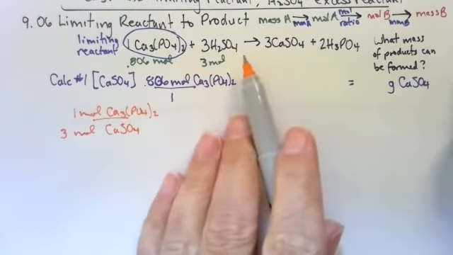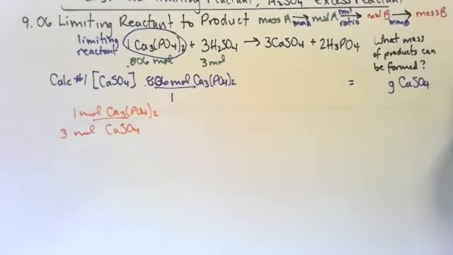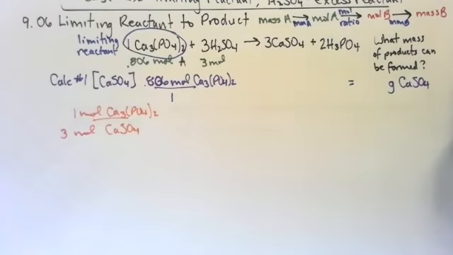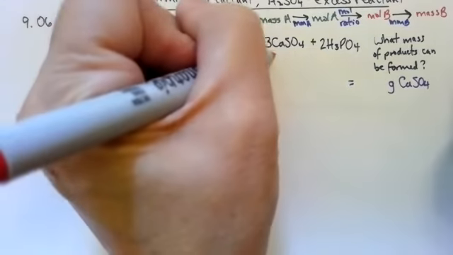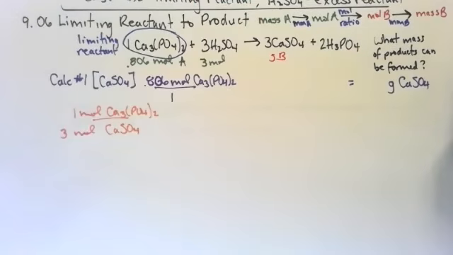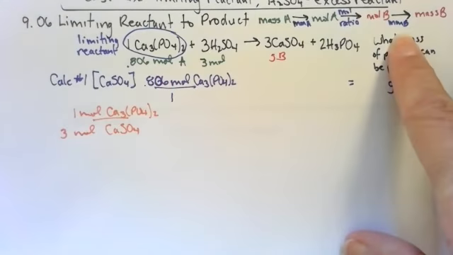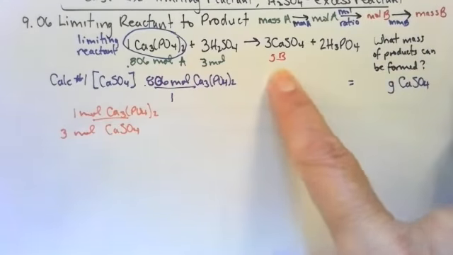The molar mass, and I forgot to label these. So for this calculation, this is always going to be A, and for this calculation, this is going to be, I'm going to go to grams of B. So I'm going from here to here. So I want the molar mass for calcium sulfate.